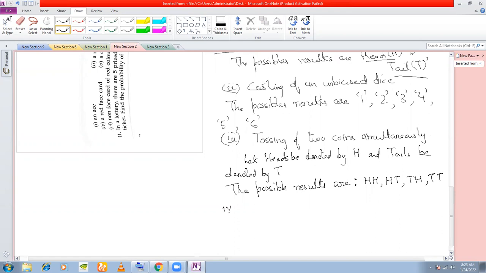Let's say if I toss three coins simultaneously, what can be the outcomes?